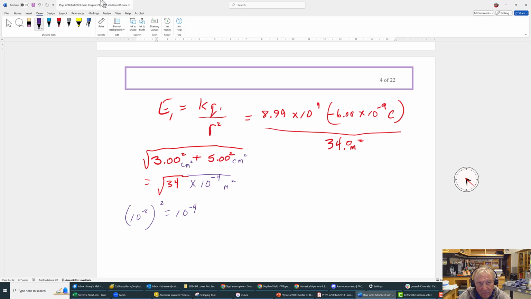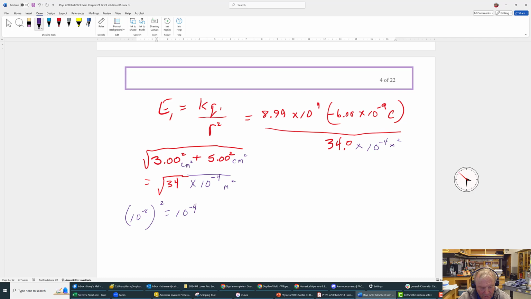So then I just have to directly copy this in, because I'm squaring R's. There's no reason to take the square root of that quantity. Okay, back to the calculator. 34 and minus 4.